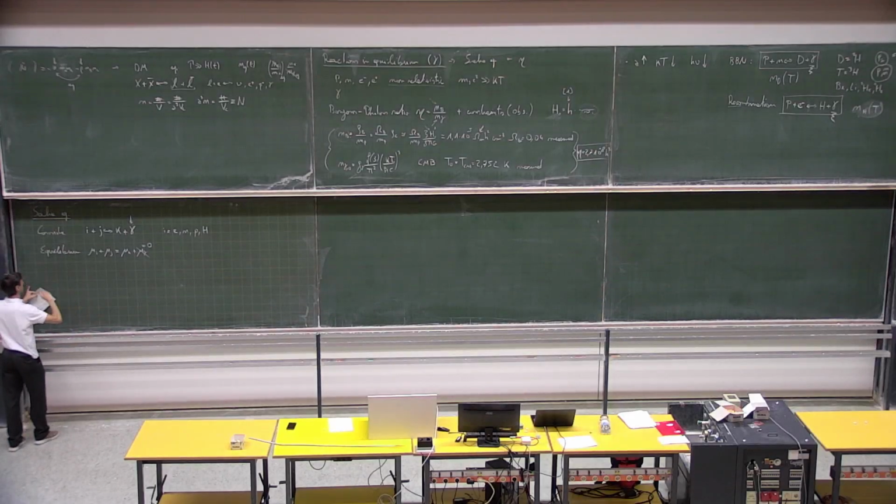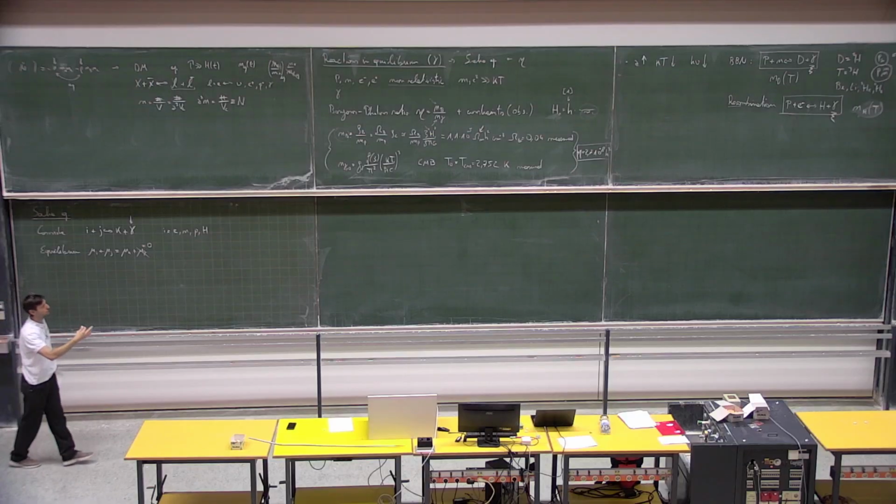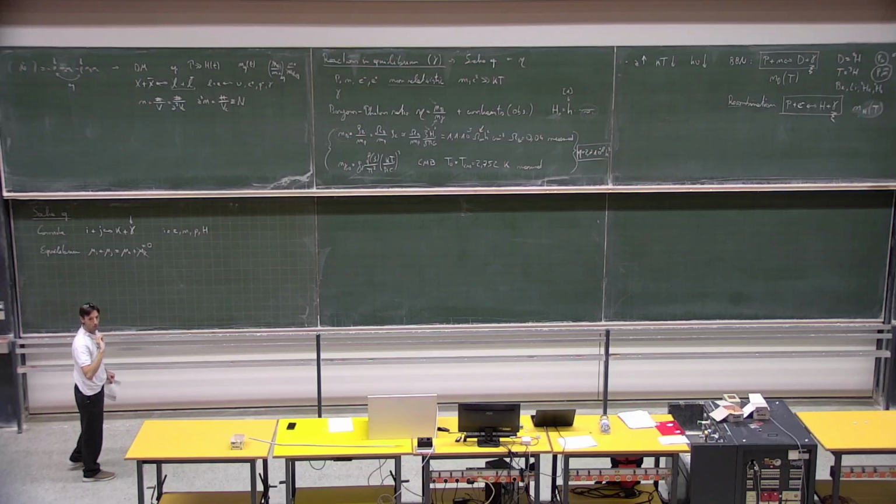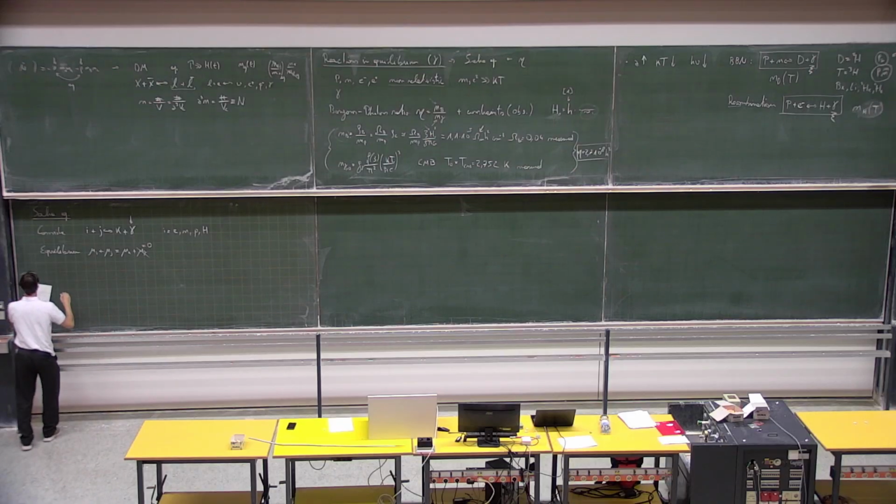Then, what I said is that in the regime of temperatures that we are considering, we are in a non-relativistic regime. Therefore, except for the photons, of course, all the rest can be treated with a non-relativistic approximation.